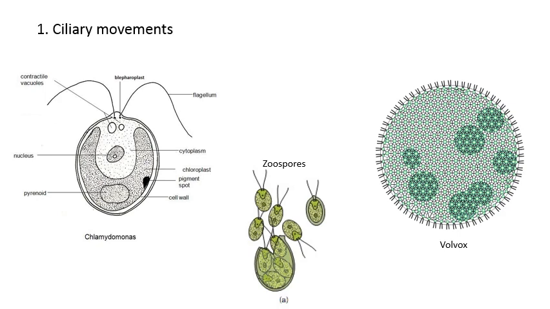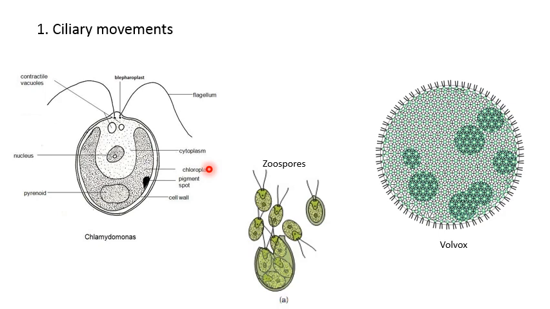The first type is the ciliary movements. Here the cilia or the flagella in the members of order Volvocales, that is, in Chlamydomonas and also in Volvox, which have many flagella, show ciliary movement.